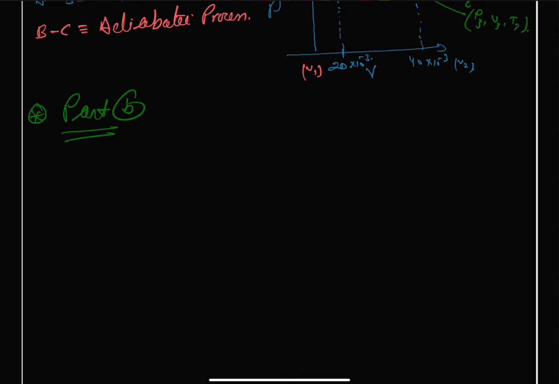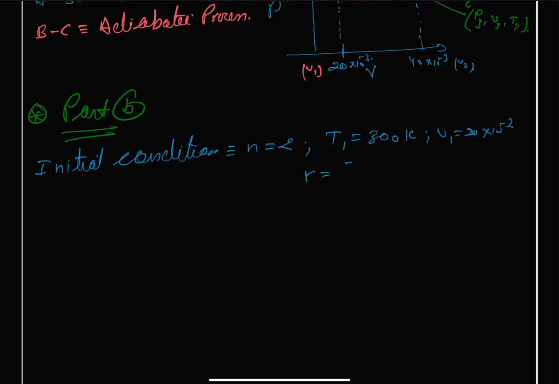Under the initial condition, number of moles N is given as 2 moles. T1 is given as 27 degrees centigrade, so this will be 300 Kelvin, and volume V1 is given as 20 liters, so 20 into 10 to the minus 3, and gamma, that is the adiabatic ratio, is 5/3.